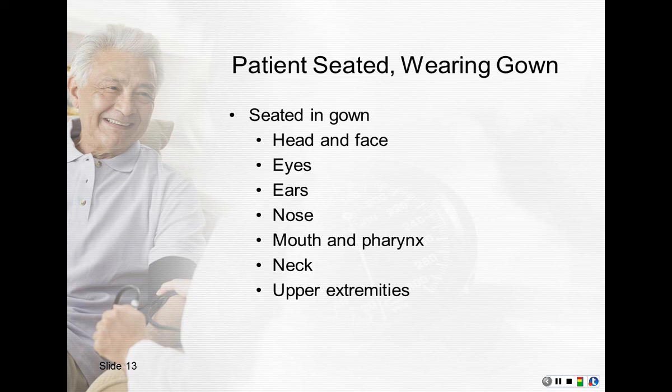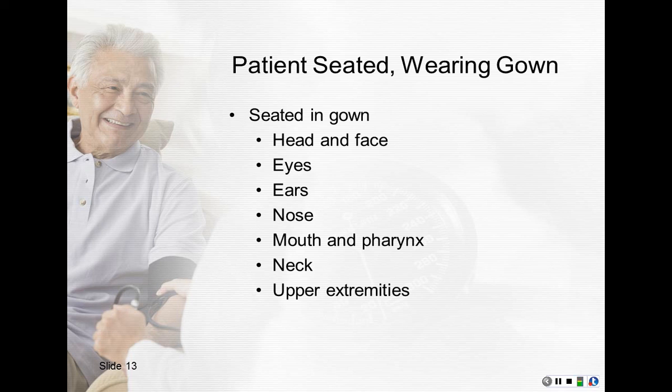I begin by looking at the upper part of the body, looking at the head and the face, assessing eyes and ears. This is when I, of course, use my ophthalmoscope and my otoscope. We're doing the cardinal gazes. We look in the nose, check patency of that. Look in the mouth and the pharynx, examine the neck, the thyroid, look at the upper extremities.